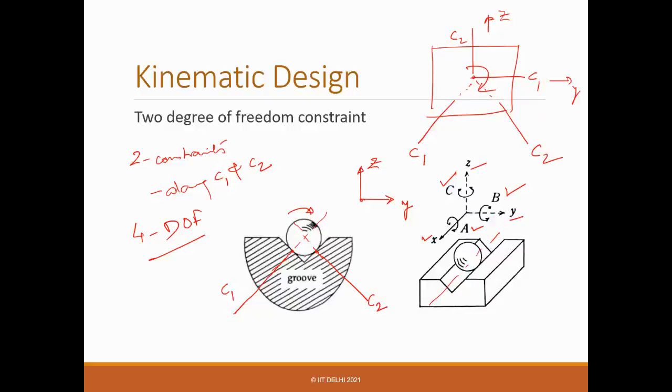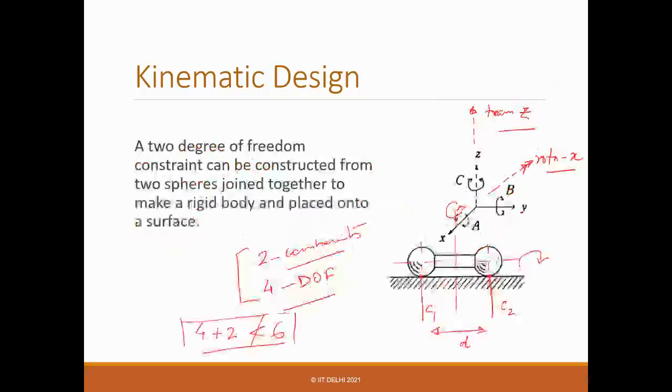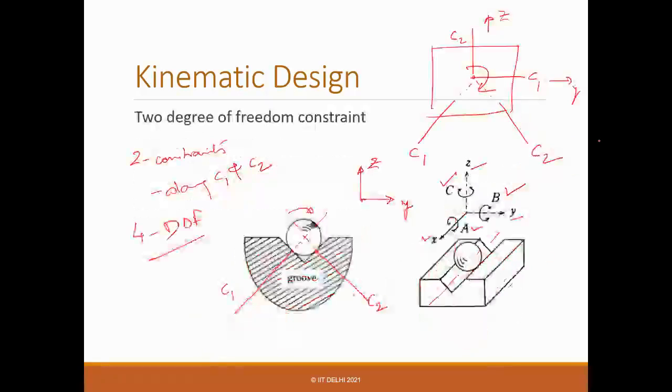So if it's in a V groove, you remove the translation along a plane which is normal to the V groove. In the earlier case, it was one translation and one rotation. If it's on a V, these are the translations.